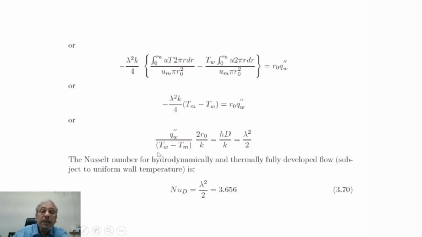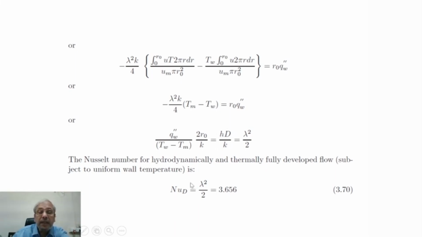Now this Qw double prime, wall heat flux, divided by Tw minus bulk mean temperature, this is nothing but the film heat transfer coefficient, into twice R naught, that means the tube diameter, by k, equal to lambda square by 2. So this is nothing but the Nusselt number based on tube diameter.